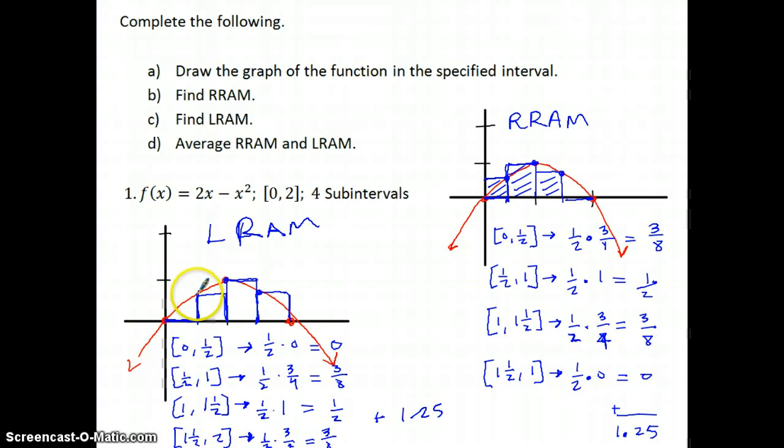The second one here, we pulled up the left-hand corner of the rectangle, got an area of 3/8, and then the next one we got an area of 1/2, and then the last one here we got an area of 3/8. So we add them up, and we get 1.25. Well, that's the same thing as RRAM. And so if we average them, we're just going to get the same thing. Alright, let's move on to the next problem.